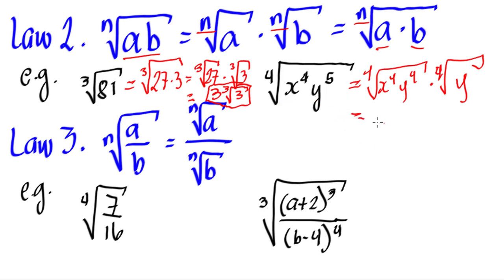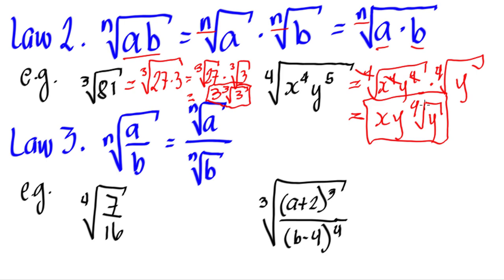Applying law number one here, this will be canceled, and this will leave us with xy times the fourth root of y. We don't need to put the raised dot anymore. So that's our answer. It's much simpler than this one.